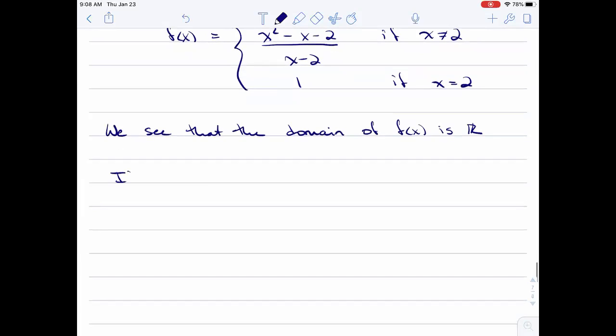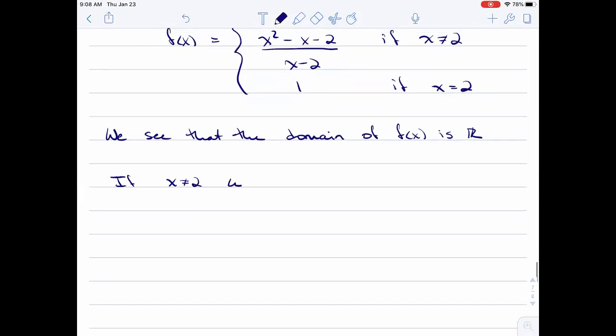And so if x is not equal to 2, we can find the limit as x approaches, let's just call it a, of f of x.